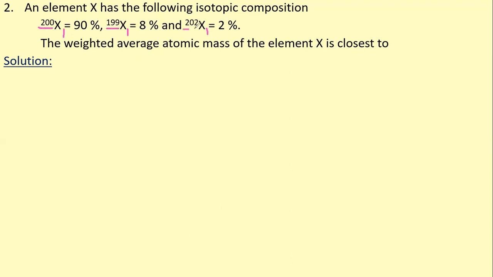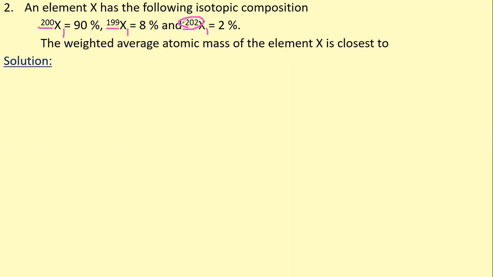Here mass number, this is also a mass number. So all these 3 will have the same atomic number 1. Here there is no number, so I am mentioning it as 1 for understanding purpose. And here this 200, 199 and then 202 refers to the mass number. So isotope means it will have same atomic number but different mass number. That is said to be an isotope.